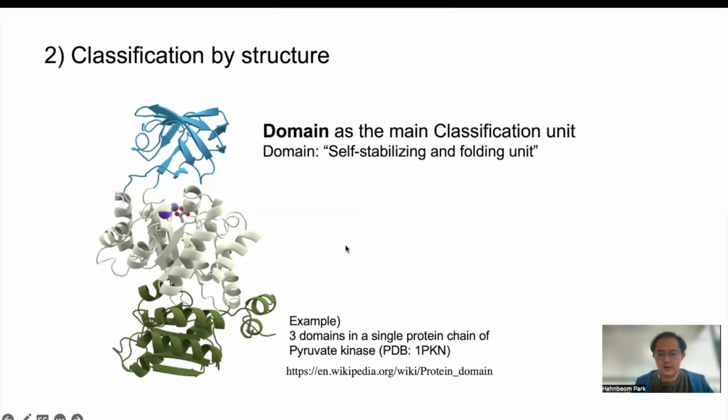And then we can say this protein has three domains. Classification is not made on the protein level, but on the domain level. When you ask what structural class this protein belongs to, each domain has a different classification.